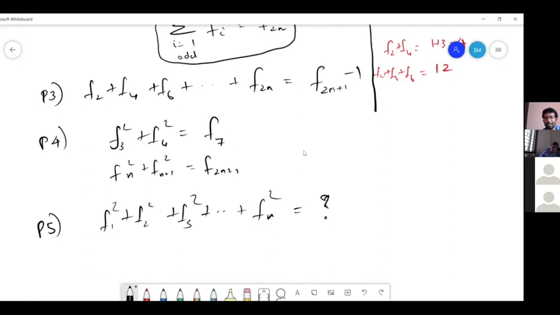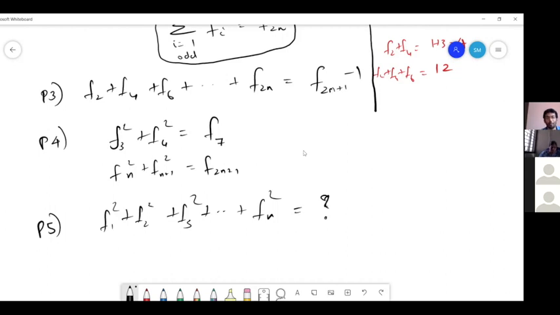In the squares itself, we can try F1 squared plus F3 squared plus dot dot dot up to F(2n-1) squared, and then F2 plus F4 like that. Correct, with respect to squares it is this. With respect to cubes also, we can do odd positions and even positions. Cubes, I've never tried before, so I'm very curious to see how it will be. Difference of squares also.